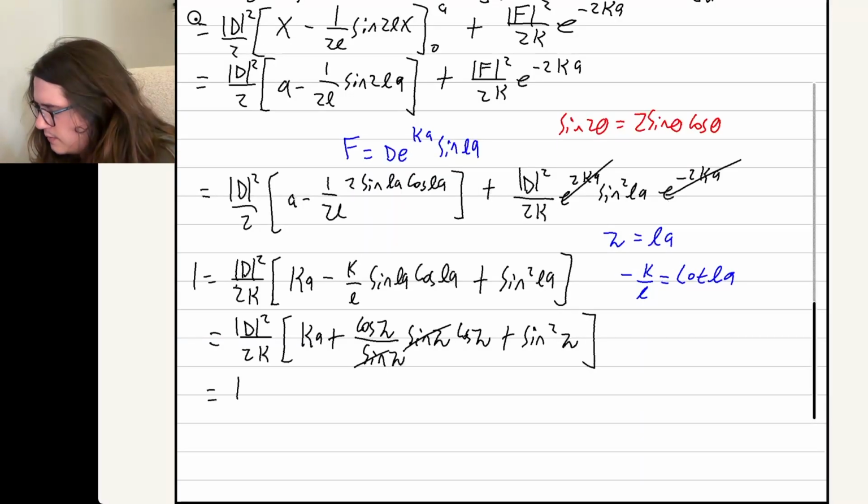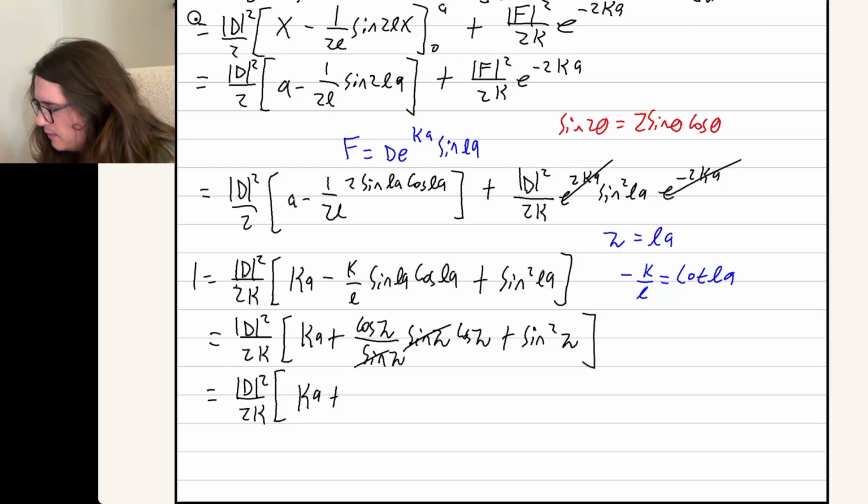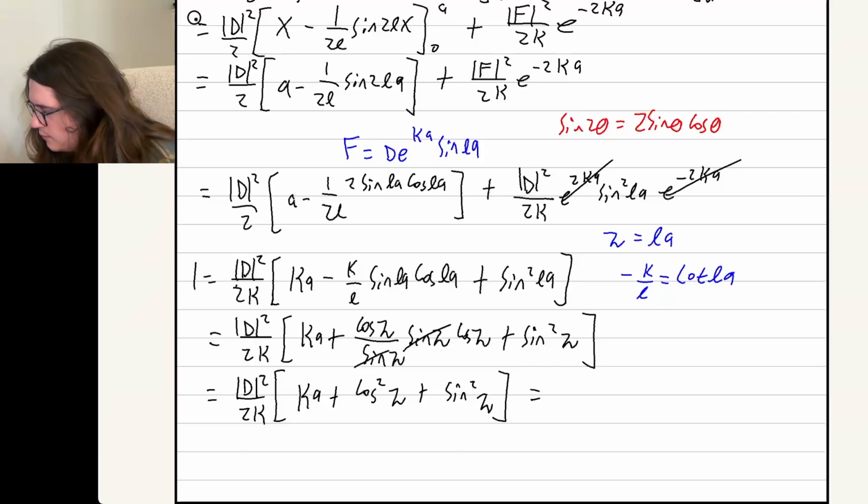And then we get in here, it's kappa A plus cosine squared plus sine squared. That's equal to 1. So we can write it as kappa A plus 1.